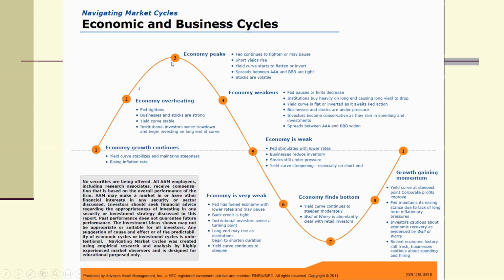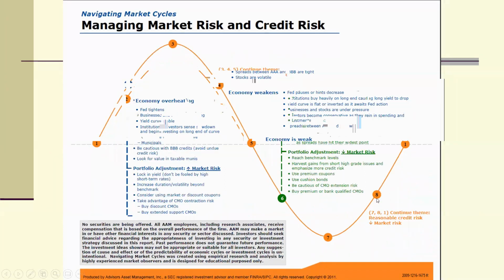Well, actually, you would suppose that it would be right here at number 3, but in fact, the professionals will be able to determine that we're nearing a peak, and so they're going to begin reallocating their portfolios right here. And by the same token, if they see that we're near the bottom of the economy and things are about to start moving up, they're going to start changing their allocation, taking on more credit risk here in anticipation that the market is going to be changing. So this is just an example of that.